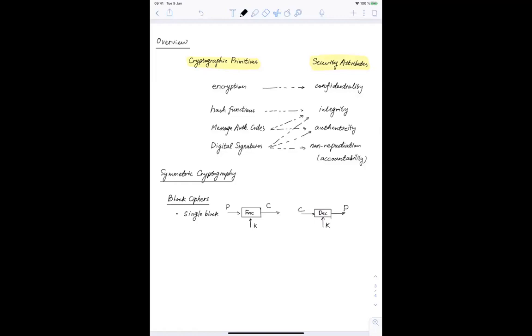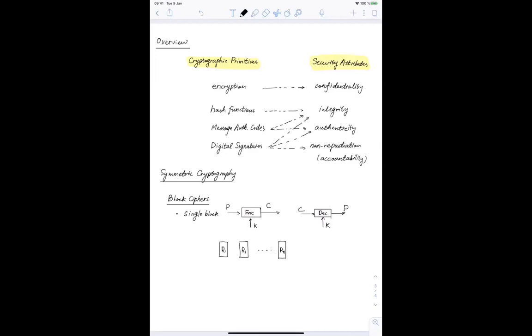And we introduced the design idea of modern block ciphers. So let's take a closer look at this model. In fact, this process can be expanded as we have several round functions, R1 and R2, and Rn.